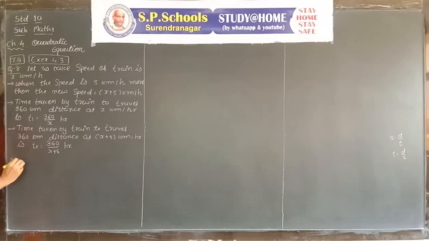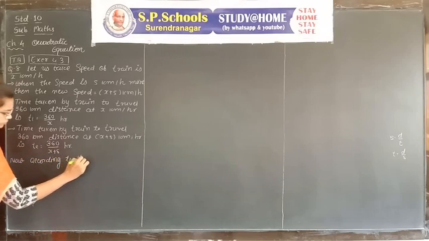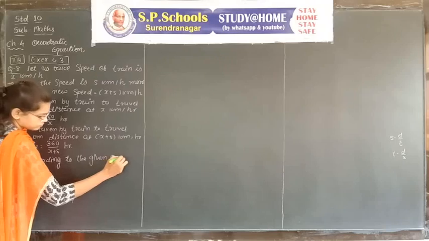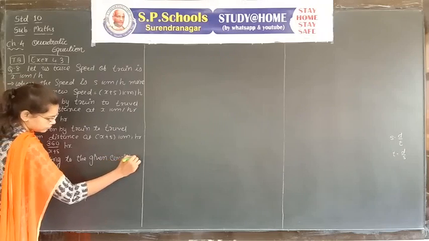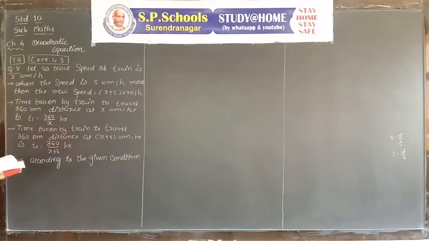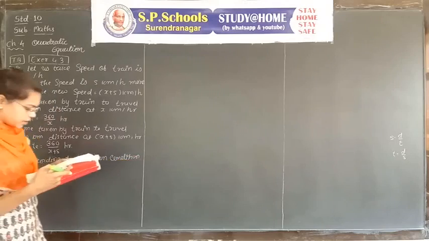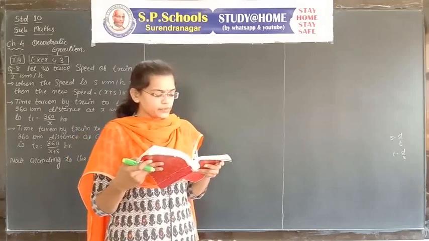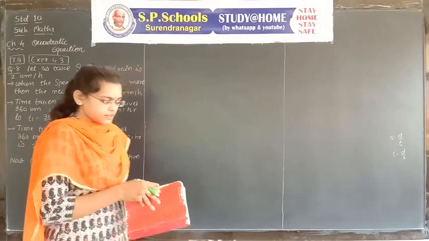Now, according to the given condition, if the speed had been 5 km per hour more, it would have taken 1 hour less for the same journey.